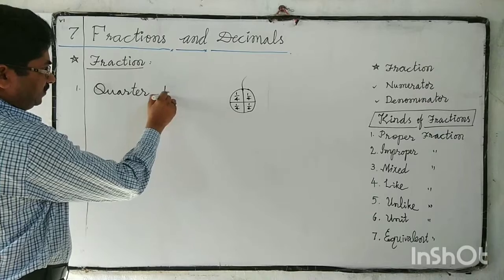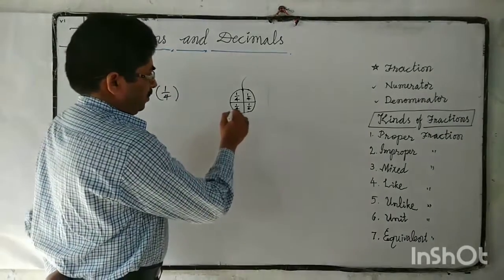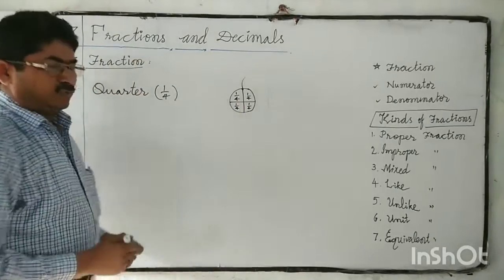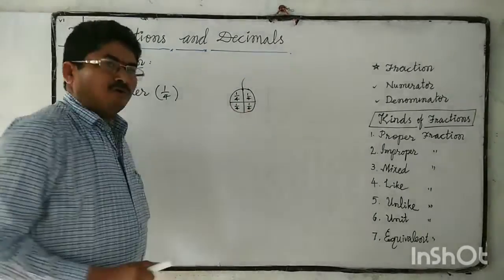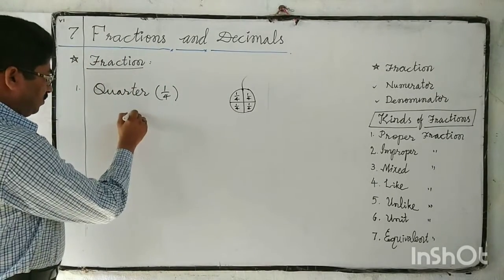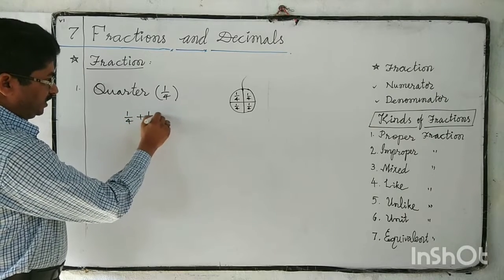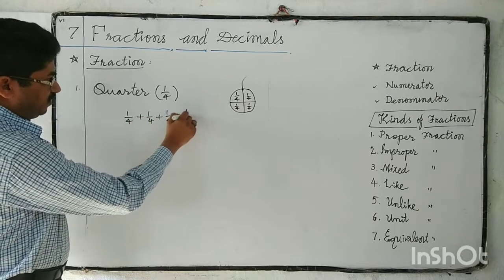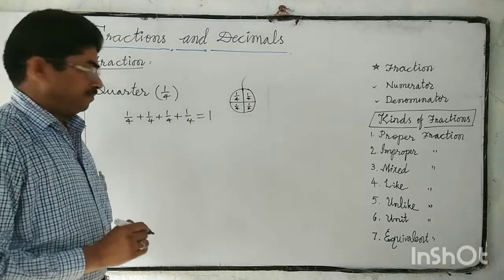Quarter is written as 1/4. How many quarters make a whole? 1, 2, 3, 4. 4 quarters make a whole. 1/4 plus 1/4 plus 1/4 plus 1/4 is equal to 1 whole, means 1.